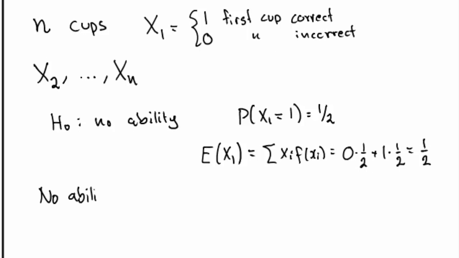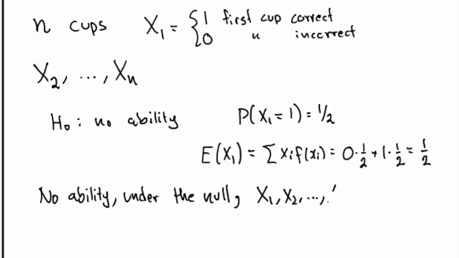If you have no ability, another way of saying that is under the null, which basically means assuming that the null is correct, then x1, x2, all the way to xn is an IID random sample. They're independent because the probability of success of, let's say, the fifth cup is completely independent of the success of the other cups. They're identically distributed.